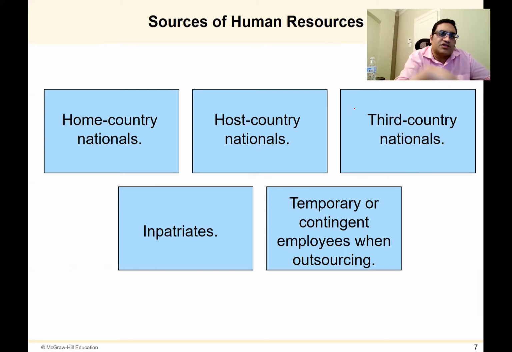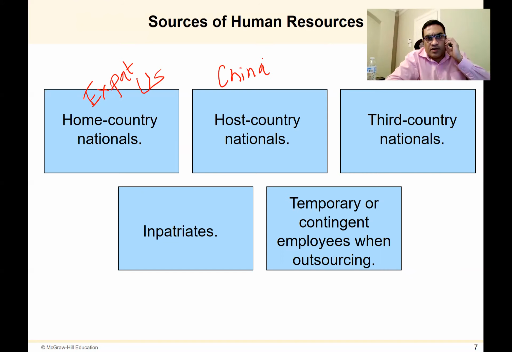Home country nationals, also called expats, expatriates, are the managers who are working abroad. Let's say, for the sake of example, US and China. So the manager from the US goes and starts working in China.